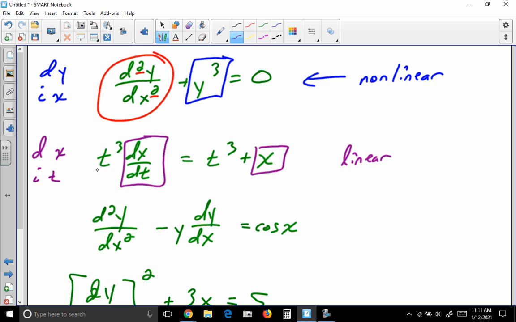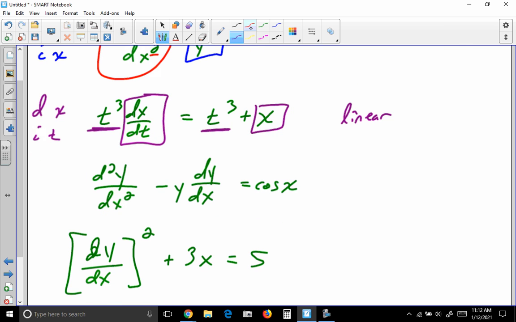It doesn't matter what powers we have in our independent variable. It only matters that our dependent variable, x, whether it's a derivative, a second derivative, a third derivative, or x by itself, occurs to the first power and doesn't have a coefficient of that dependent variable. Then that is linear.